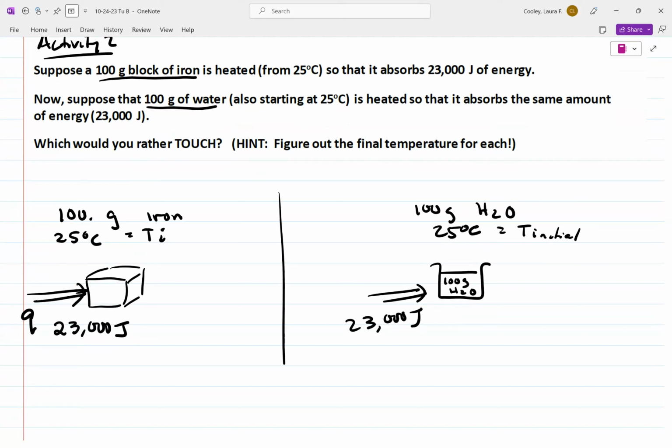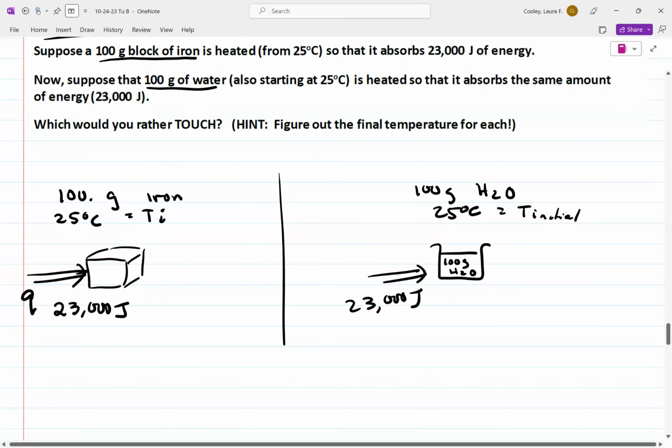If I gave you $1,000 to stick your hand in one of these, which one would you rather grab? The water. That means you know intuitively that the iron is going to heat up way more than the water, because iron has a much lower specific heat than water. Iron doesn't have anywhere to put that energy except for the temperature to go up.